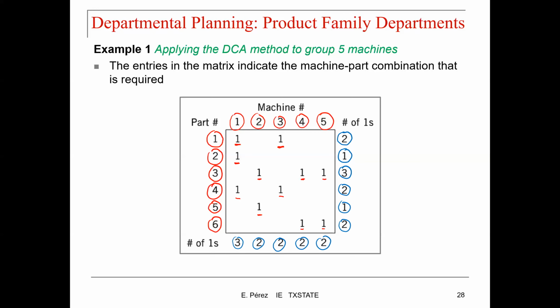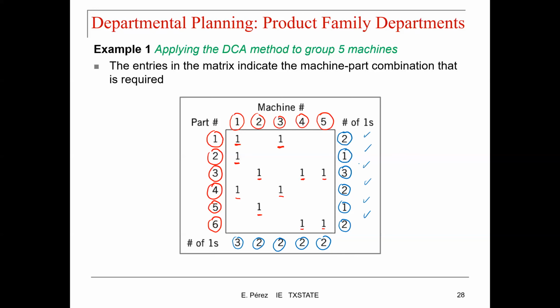Having the matrix and the totals for each row and each column, we proceed to the next part of step 1, which says order the rows. We're going to order these rows in descending order of the number of ones in the rows.